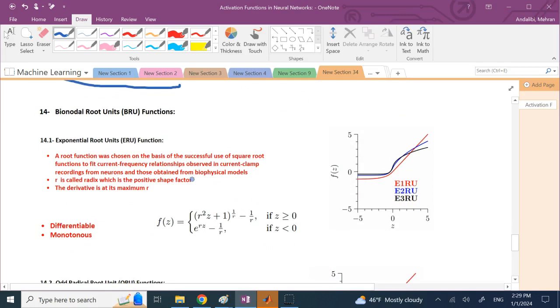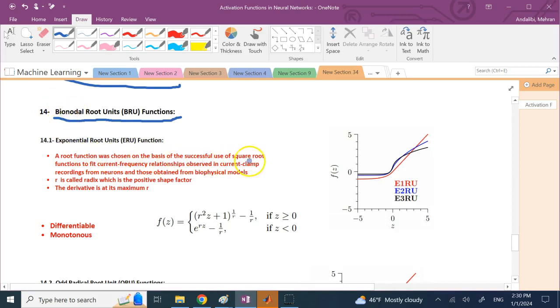Okay, and finally, I want to talk about a function called bionodal root units functions, or BRU functions. These are new in deep learning and neural networks, and these are basically inspired by the brain and the biology. That's why they are called bio.